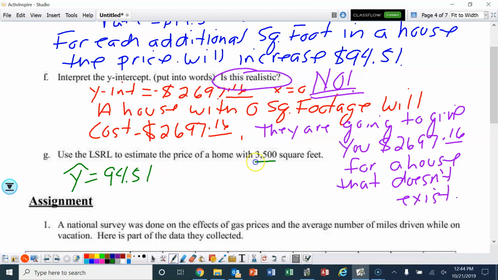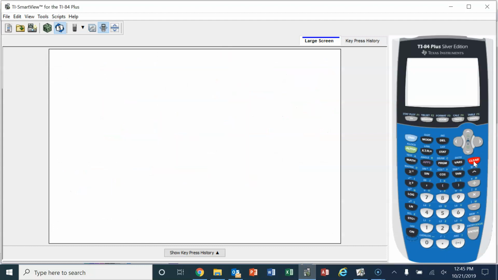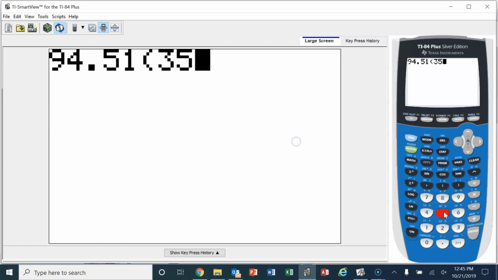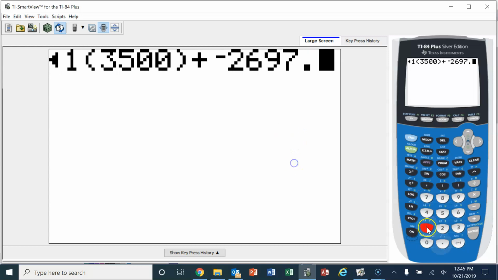94.51. So let's predict a house that's 3,500 square feet. How much is that house going to cost? All right, so let's type that in. So we've got 94.51 times 3,500 square feet plus negative 2,697.16.